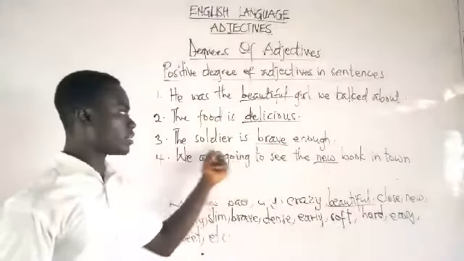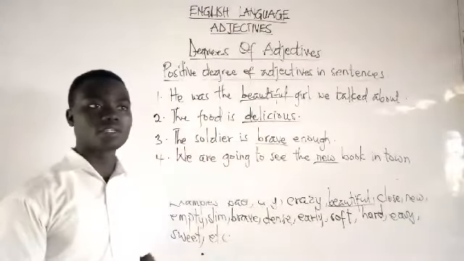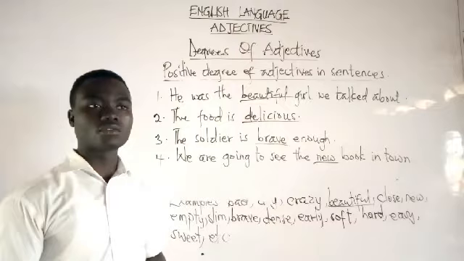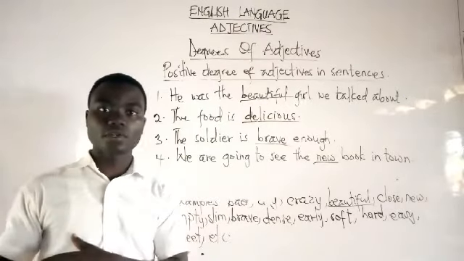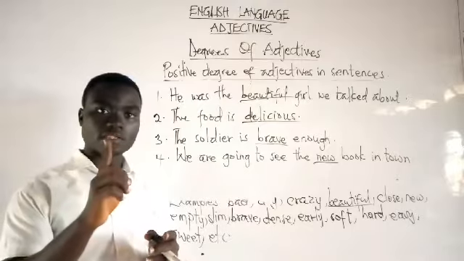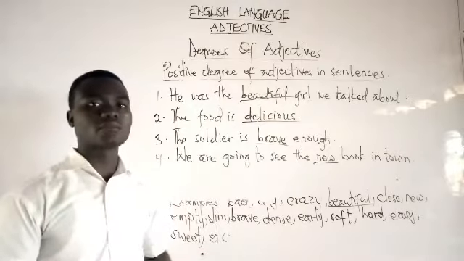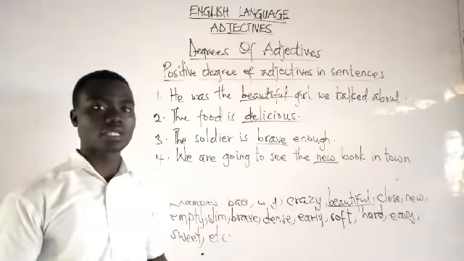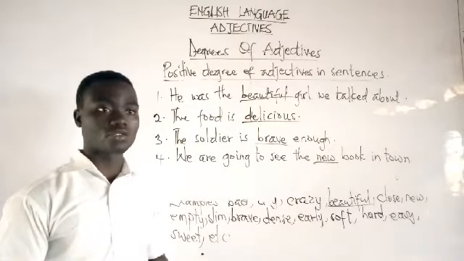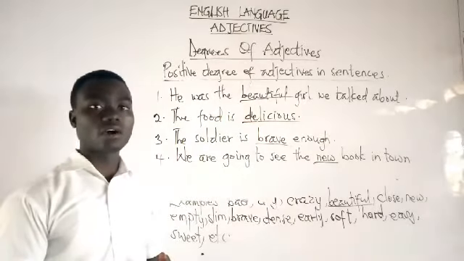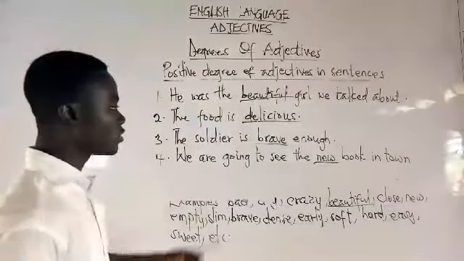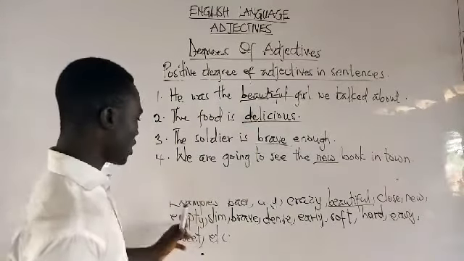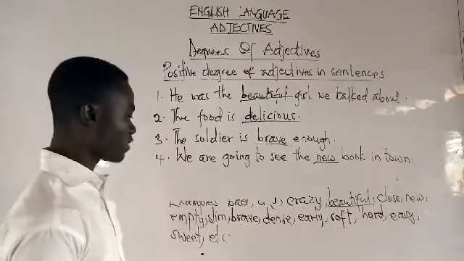It doesn't compare this soldier to any different soldier. So when you are not making comparison, when you're not talking about two or more things, that adjective becomes the main adjective. You don't need to add anything to it, as we consider in the comparative and the superlative degree of adjectives. Okay, good. So these are the examples of positive degree of adjective we have.